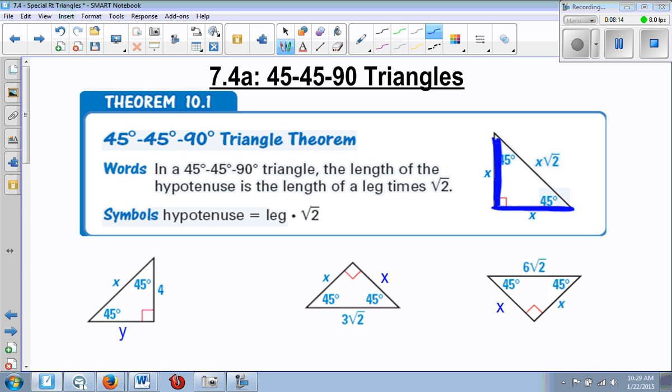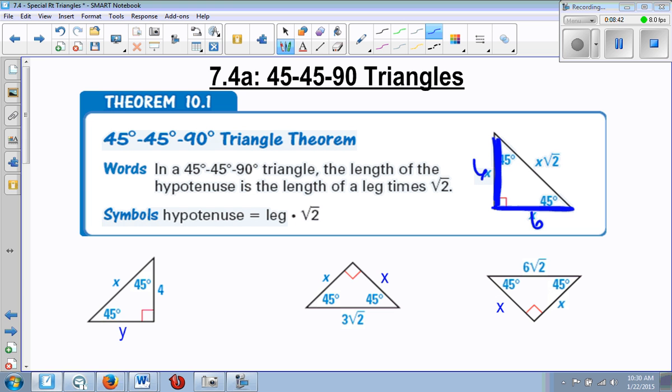So what we know about these is that if it's an isosceles triangle, my sides I have highlighted in blue, my legs, have to be the exact same. So say that I make up a number like 6. If I know that that's 6, then I know that the other leg also has to be 6 because it's an isosceles right triangle, 45, 45, 90.